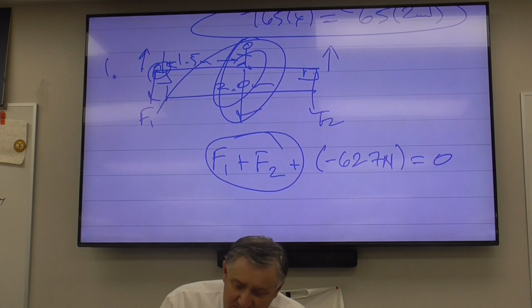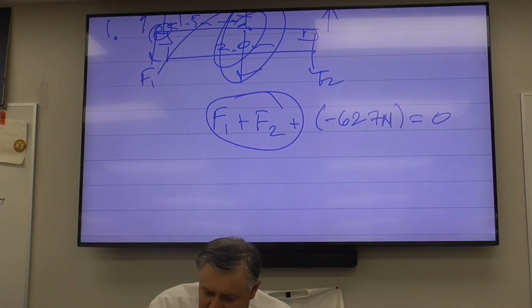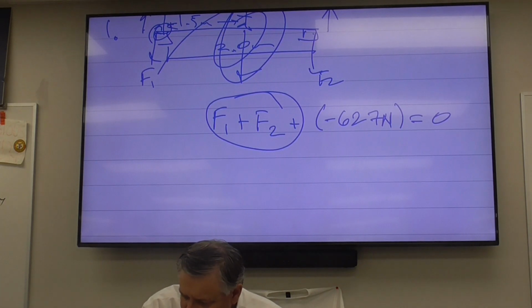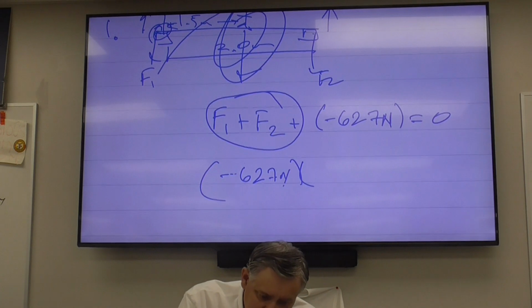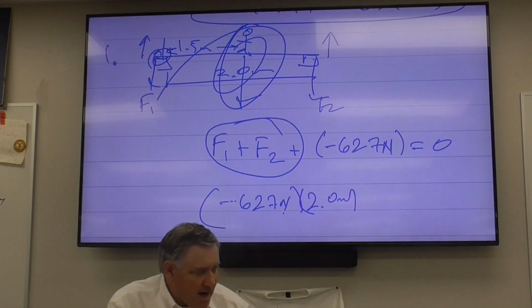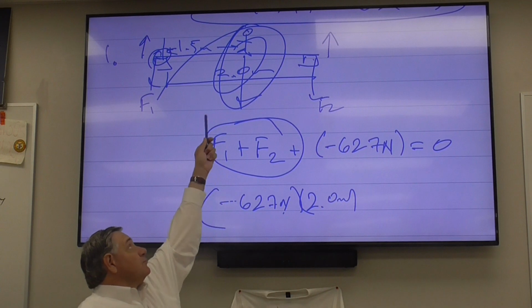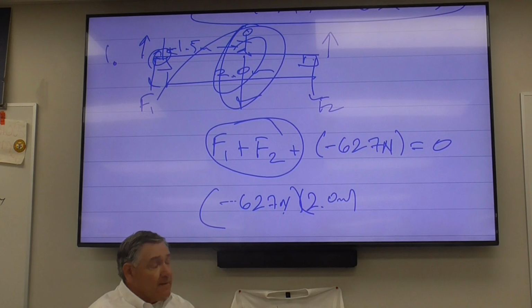So this is where now it kind of turns into a torque problem. So this person sits, what is it, 1.5 meters? Yeah. So if you take that negative 627 newtons times that distance of 2 meters, that's how much torque is being created trying to make this one go in that direction, okay?